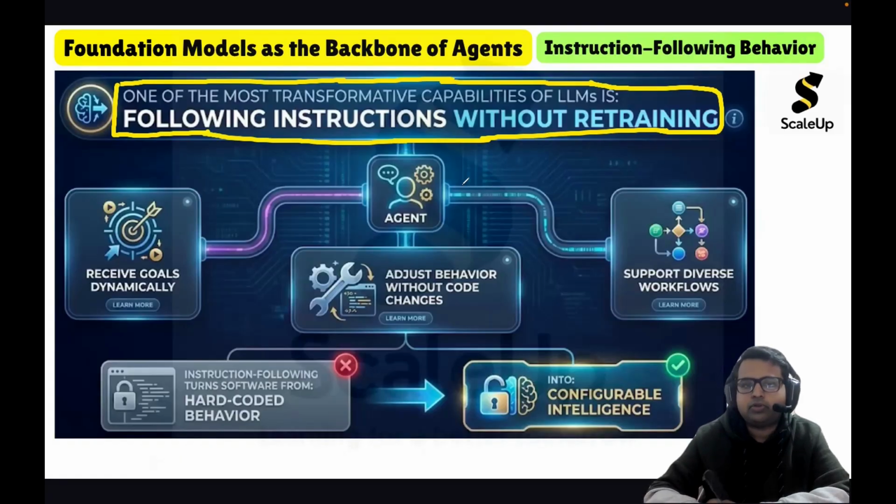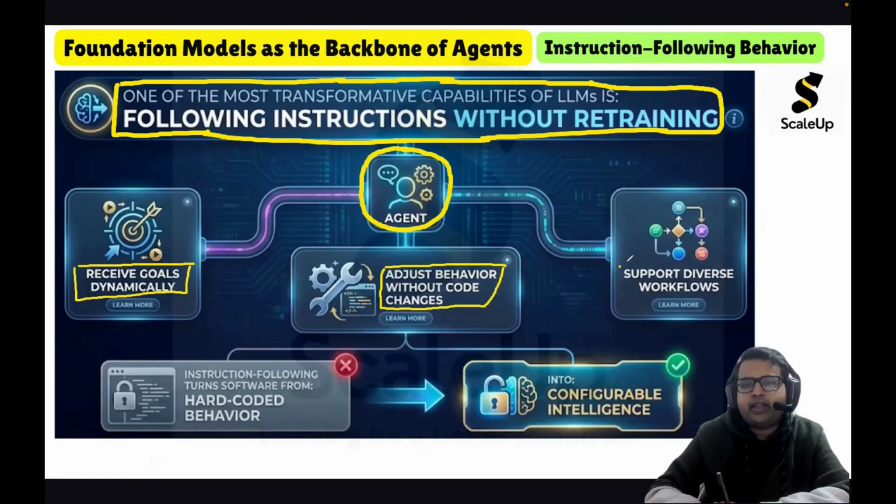So it will constantly follow your instructions without needing retraining. Agents can keep on receiving goals dynamically. They can adjust behavior without code changes, and they can support diverse workflows.